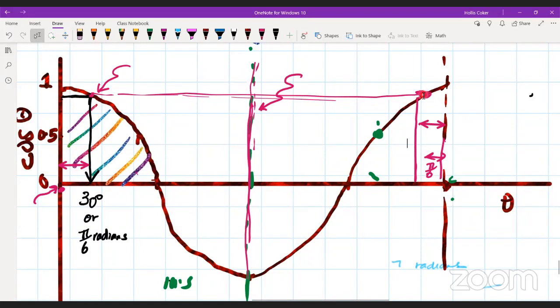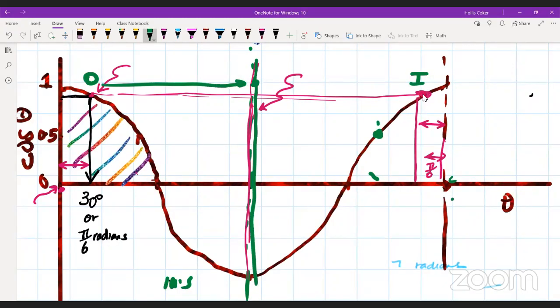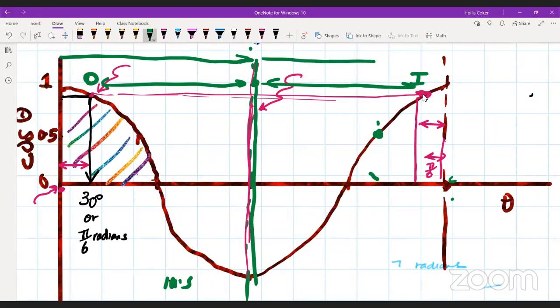You understand? Yes, I understand. This is like the object, this is like the image, and this is like a mirror line here. The distance from here to here is the distance from here to here. Therefore, these distances are the same.